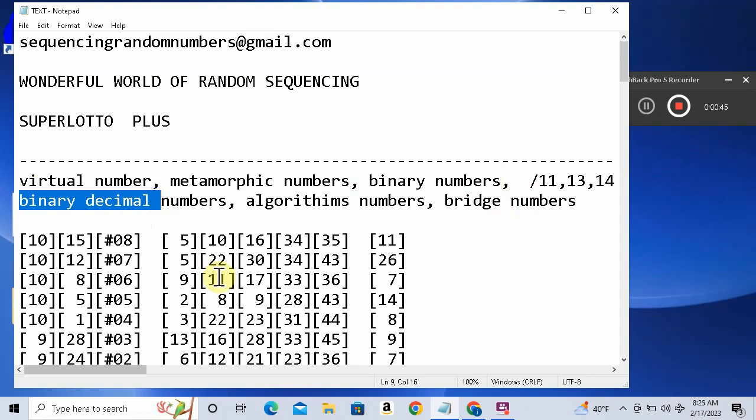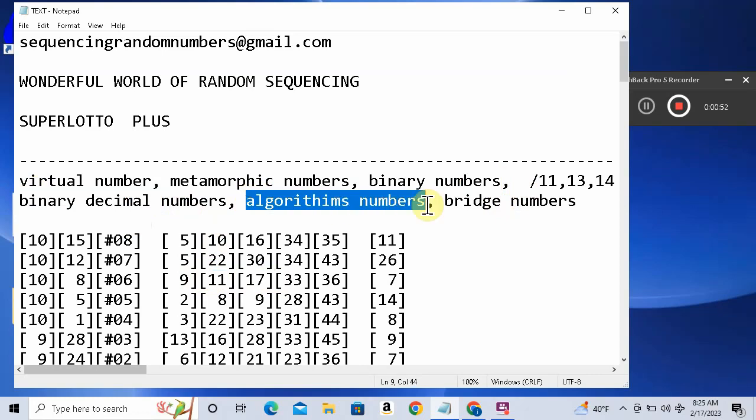Like this is a binary to decimal number here. You need to know about algorithms on the numbers. Every number has an algorithm, and numbers that are together. Like this might be an algorithm right here on the right hand side. Those are all the big numbers on the right hand side. They're algorithms, but each one could also carry its own algorithm.